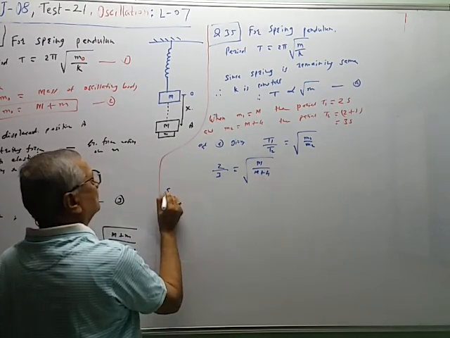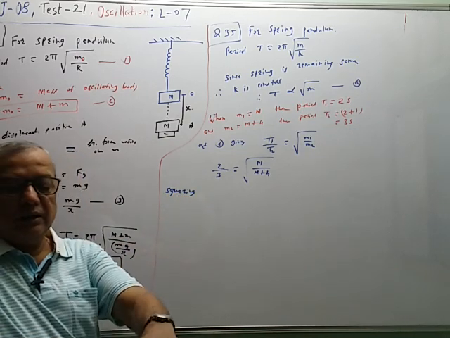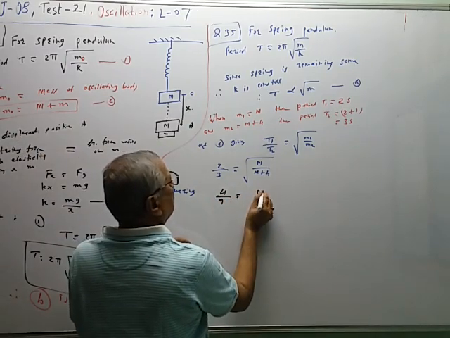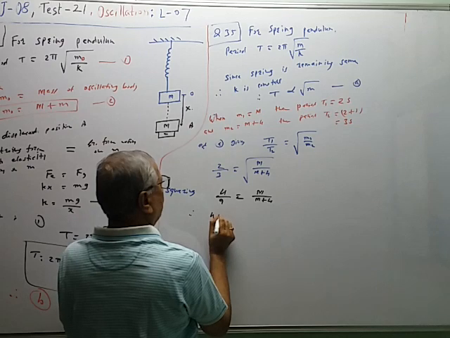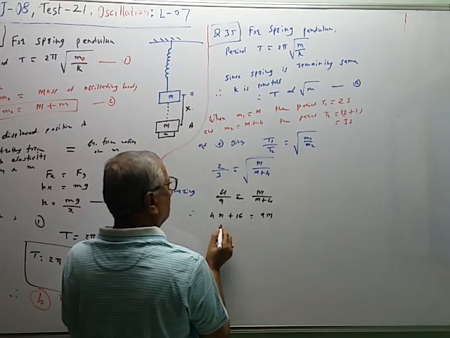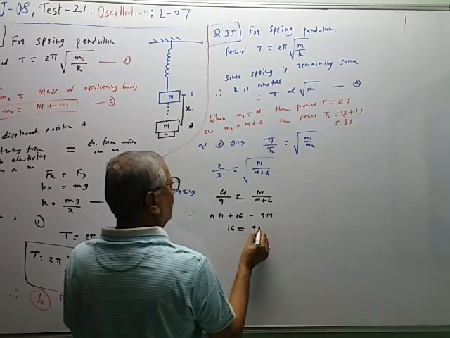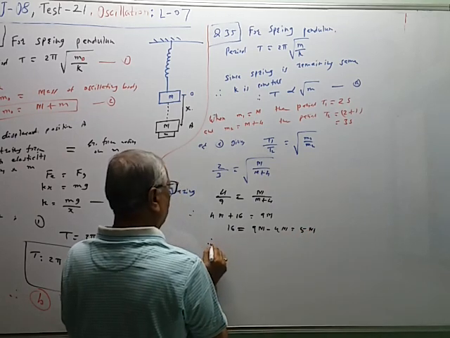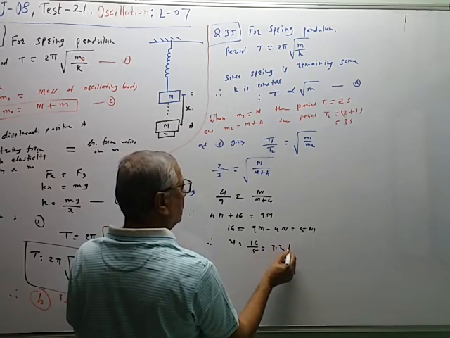So squaring. You have to find capital M. So 4 by 9 is equal to M upon M plus 4. Therefore, 4 times M plus 16 is equal to 9 times M. Therefore, 16 is equal to 9 times capital M minus 4 times capital M is equal to 5 times capital M. Therefore, initial mass M is equal to 16 by 5, that is equal to 3.2 kg.